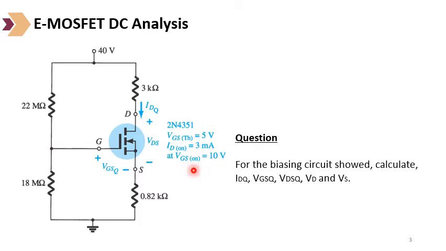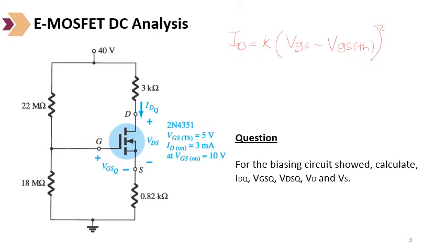In order for you to answer this question, it is very important for you to remember this formula: ID equals K times (VGS minus VGS threshold) squared.